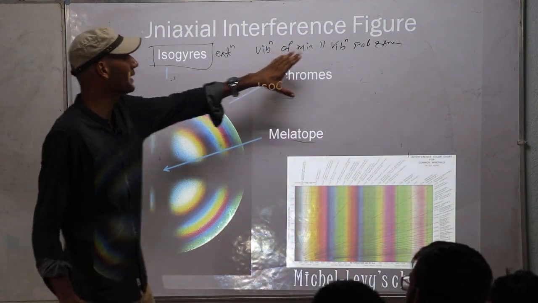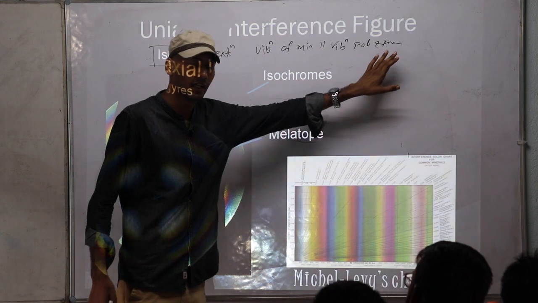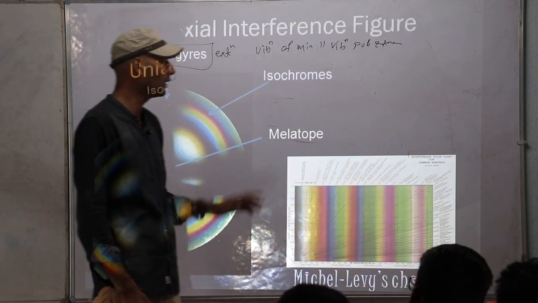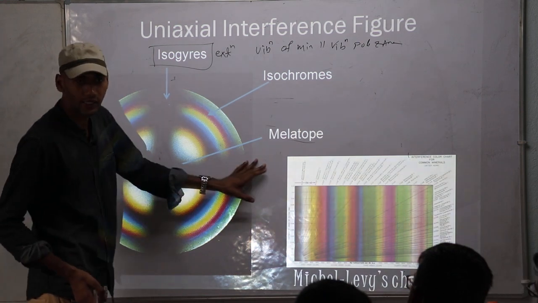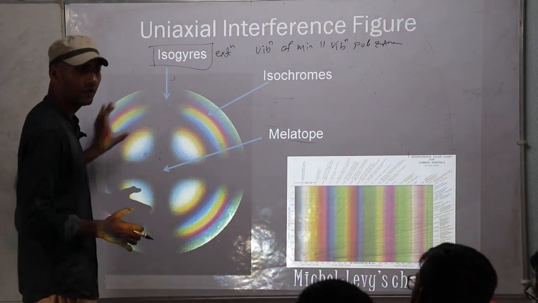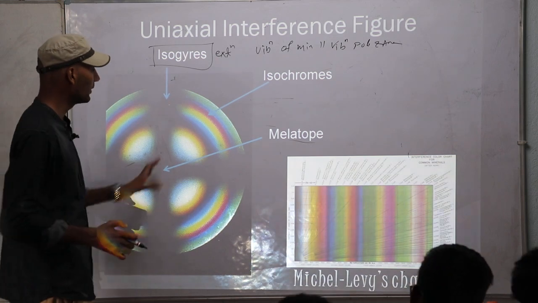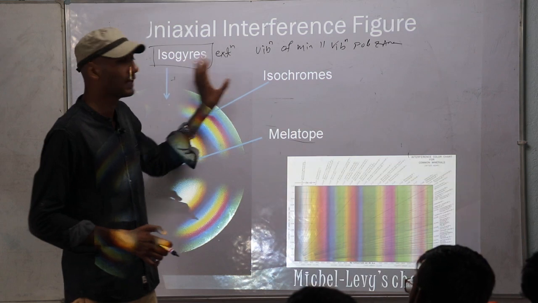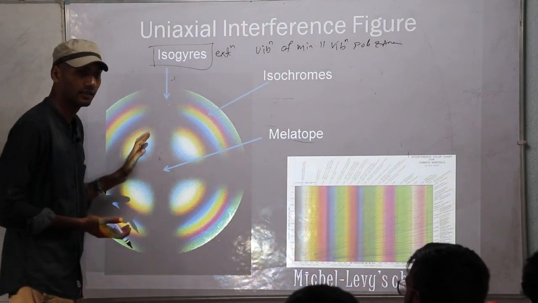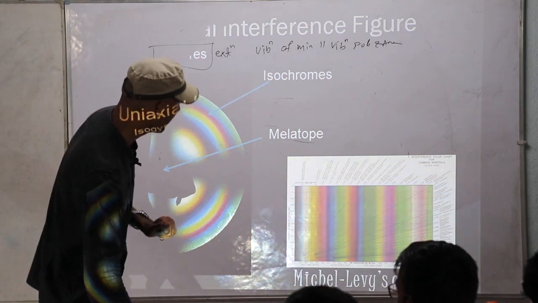In which position of the section the vibrations are matching depends upon at which position the isogyre will be seen. You can see this in the diagram.